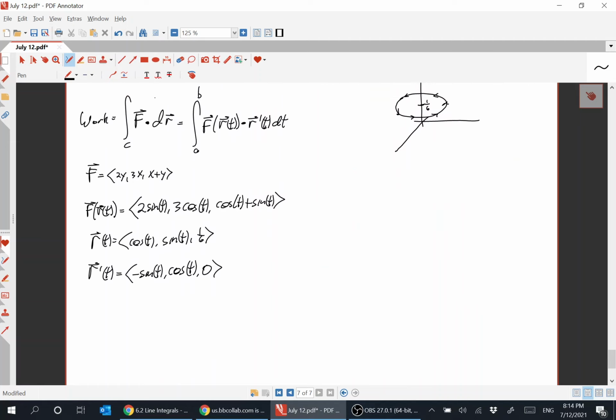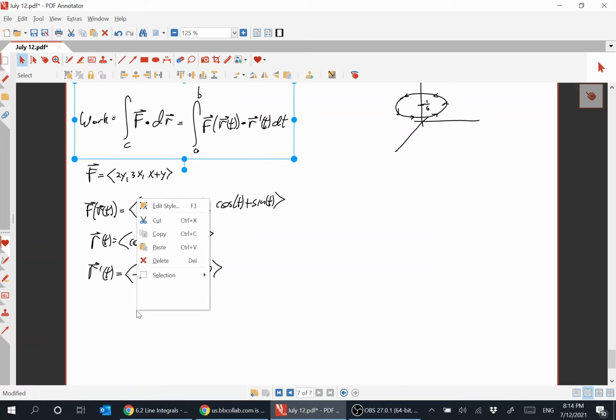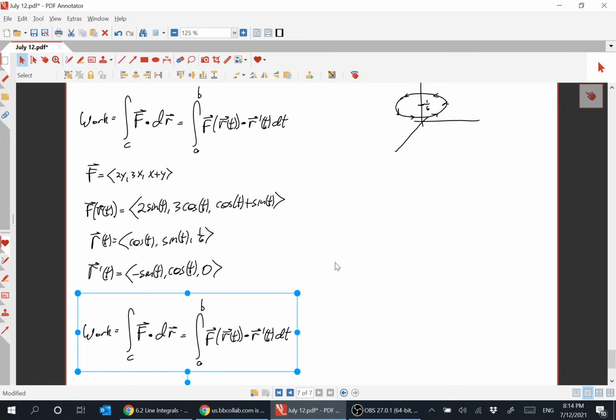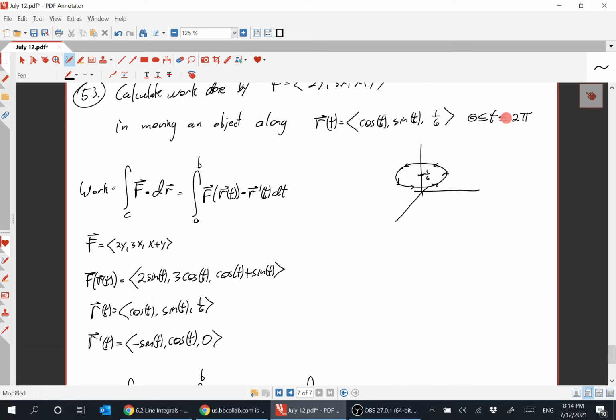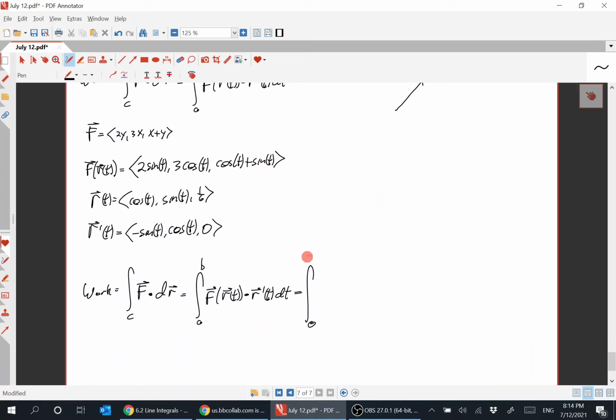Okay, so this is equal to the integral from a to b, so that's the domain for t, 0 to 2 pi, of 2 sine t, 3 cosine t, cosine t plus sine t, dot minus sine t, cosine t, 0, dt.